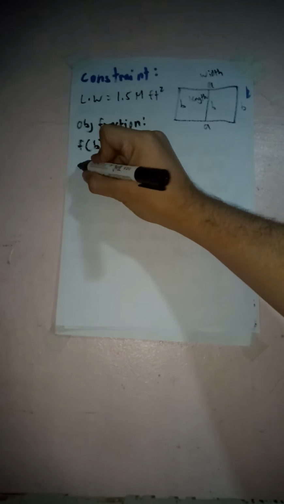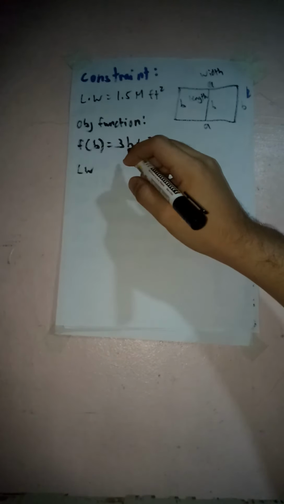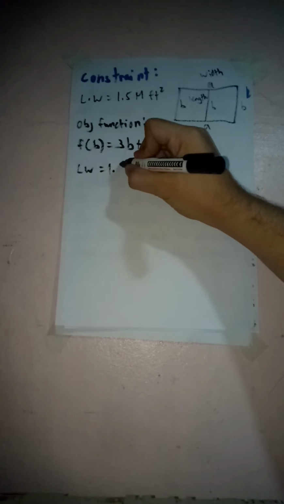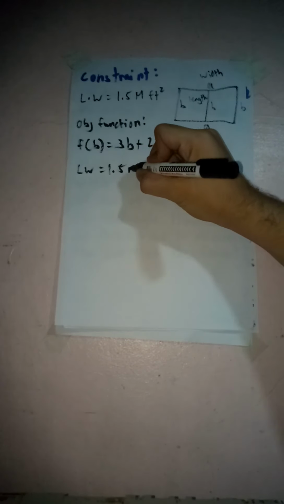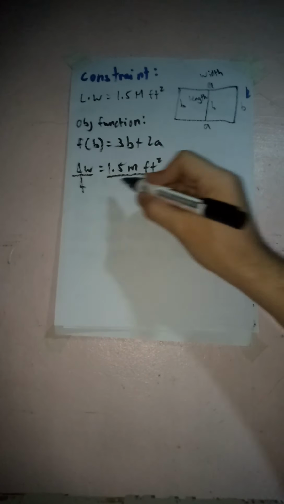So LW, which is also BA because we substituted, equals 1.5 million per feet squared. So we are just going to divide it with L, so that it will be cancelled and we will have this.